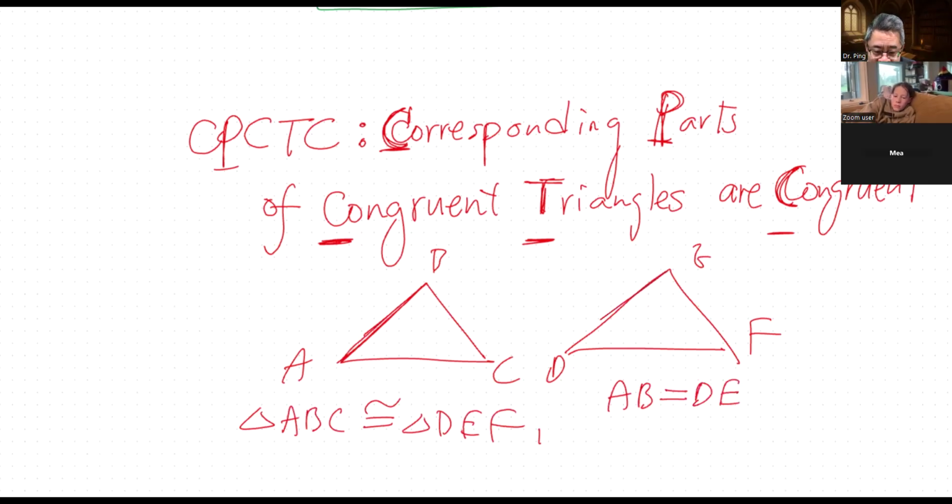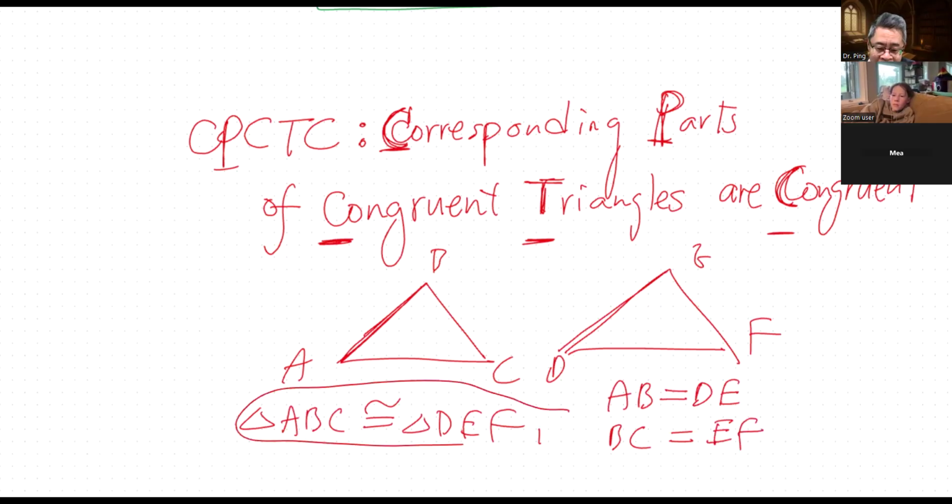And BC has to be equal to EF. So that's basically the logical consequence from this fact, those two triangles are congruent. And AC is the same length as DF.